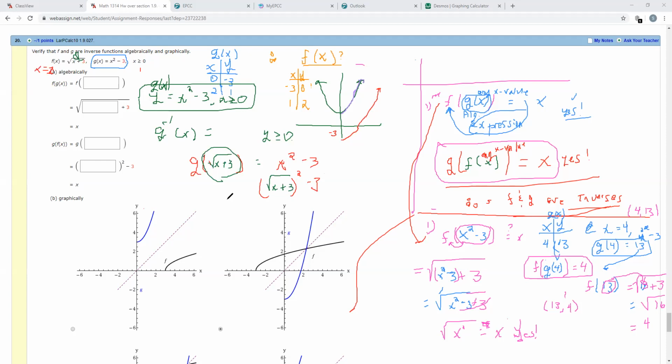And now we simplify this, and we hope we get back to x, because this is what we started with for any x value. The square root squared, again, will cancel out to x plus 3.